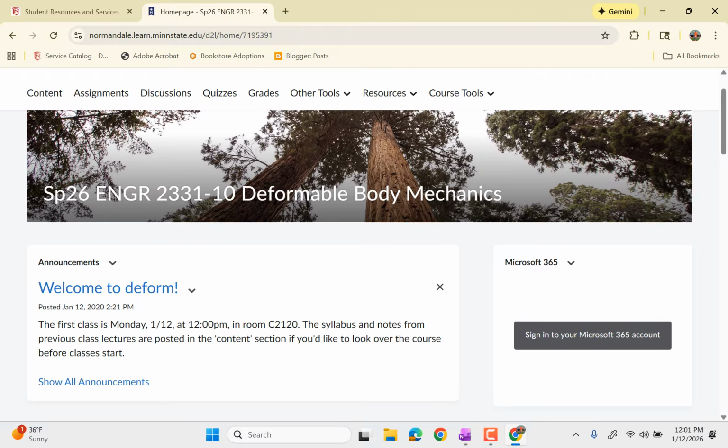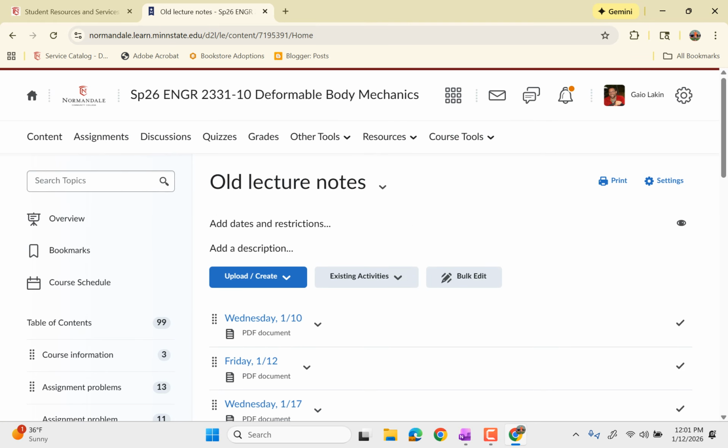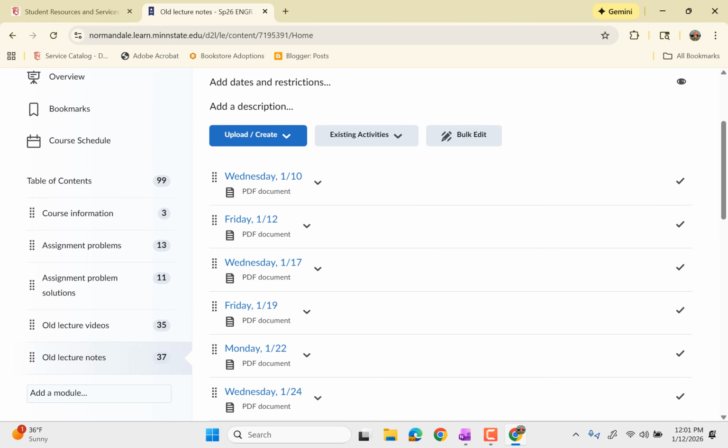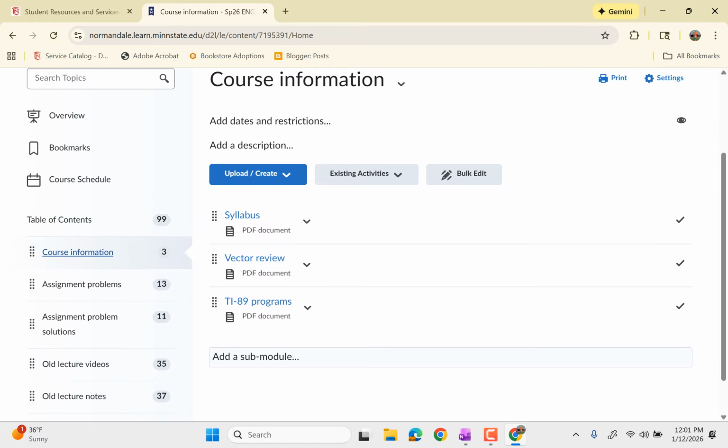Once we start turning in assignments, there'll be things in grades and under assignments. But for today, what we care about is content. This doesn't have everything that it will have as the semester goes on. Mostly today, we're talking about the syllabus, which is under course information.